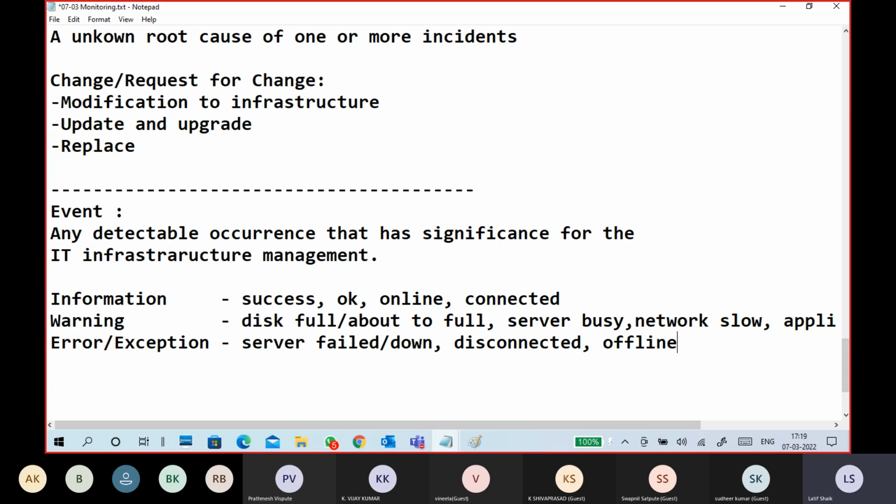You can put anything: network down, network failure, network is disconnected, network is offline, disk is offline. Okay, so like this, guys. Did you understand exception, or do you need me to elaborate on anything?